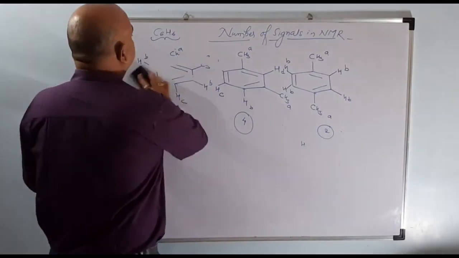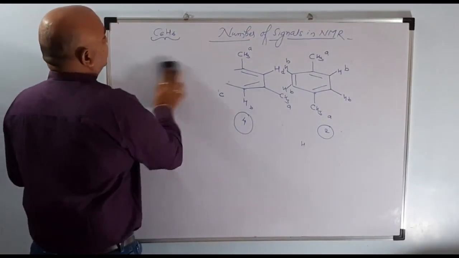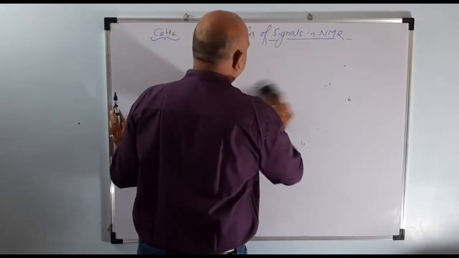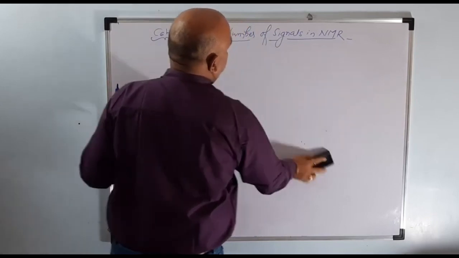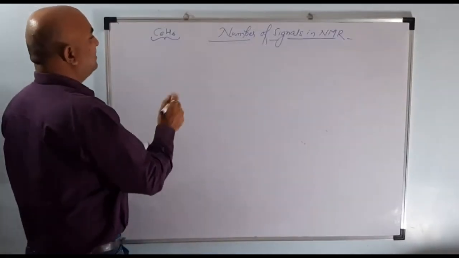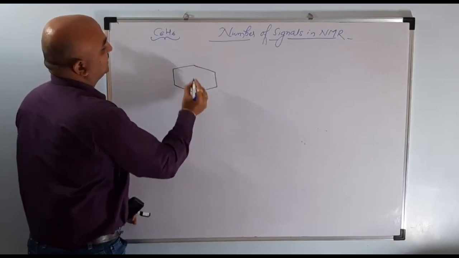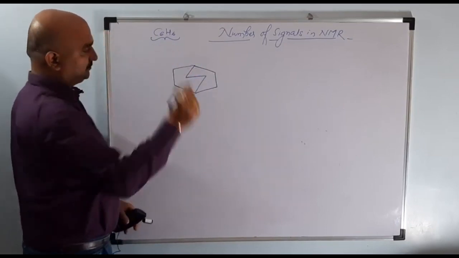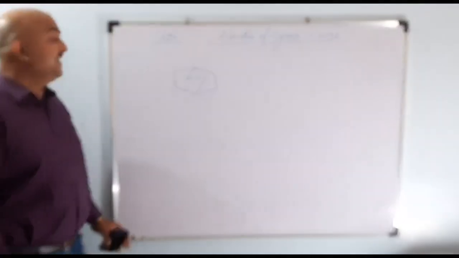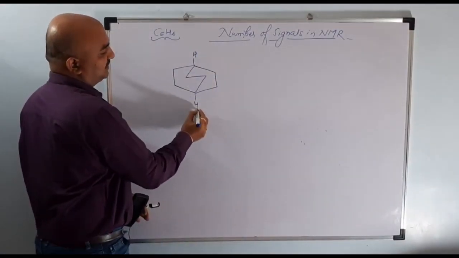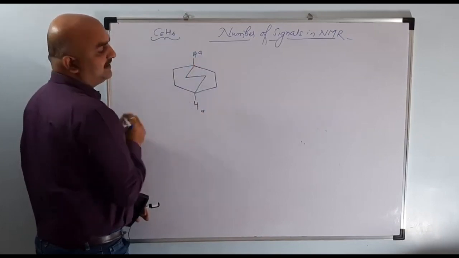Now the next example that we are going to discuss, a very important thing, is a compound like this, consider this is a bicyclic compound. When you are having such a bicyclic compound, please see there is a presence of hydrogen at the bridgehead. This is AA type.